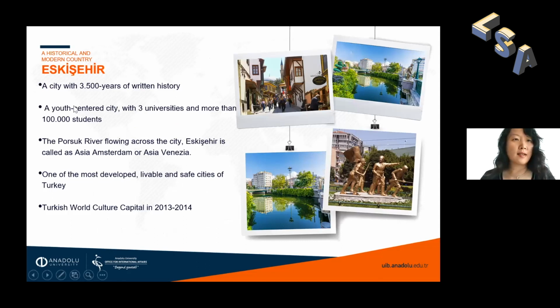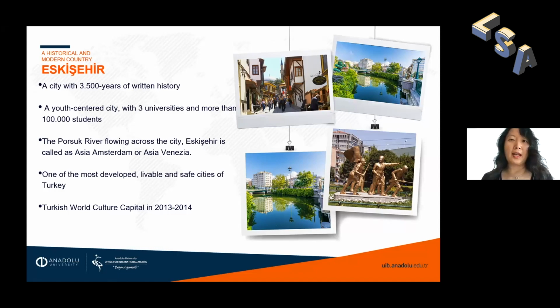I would like to share some basic facts about Eskişehir here. Eski means old. Şehir means city. So Eskişehir means old city. This is a city with 3,500 years of written history. And there are 3 universities in this city.